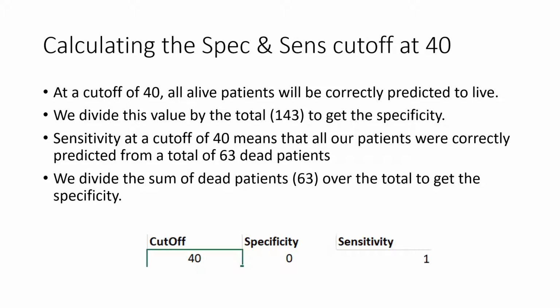We would divide this value 0 by our total to get our specificity. On the other hand, for sensitivity at a cutoff of 40, all our patients are predicted to die, from our total of 63 dead patients. We would divide 63 over our dead patients.